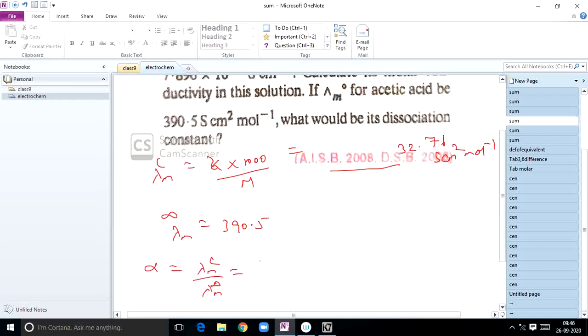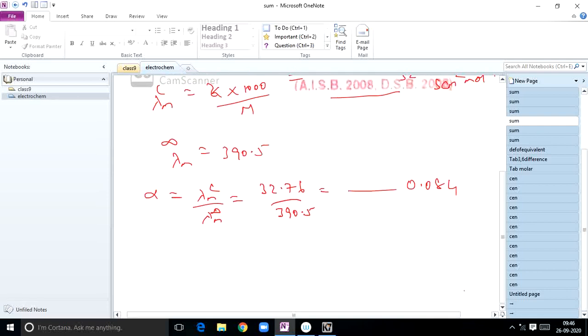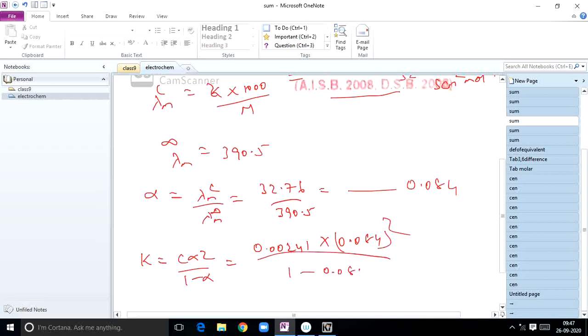Substitute 32.76 by 390.5, and you should get alpha value 0.084. After getting alpha value, directly K is equal to C alpha square by 1 minus alpha. Substitute 0.00241 into 0.084 whole square by 1 minus 0.084. So you will get the answer, students. Same model.